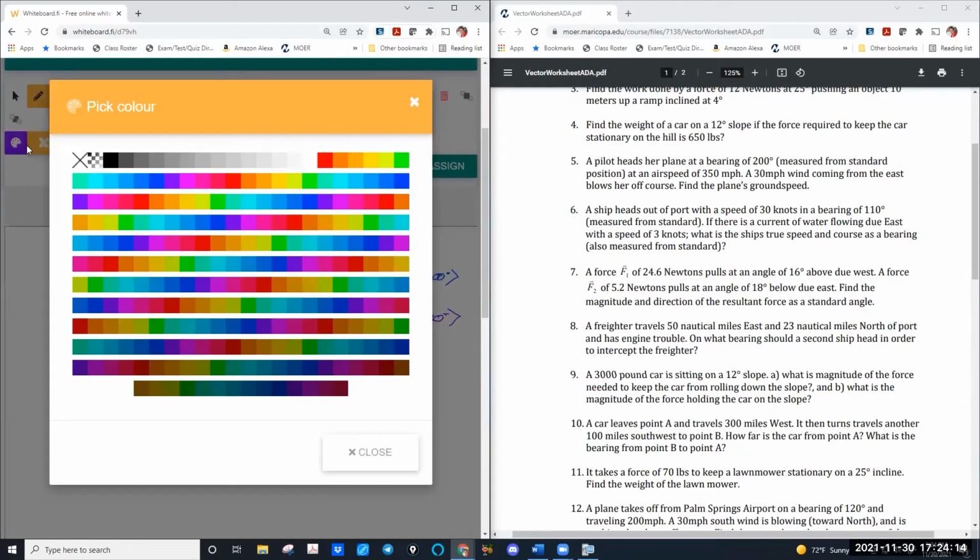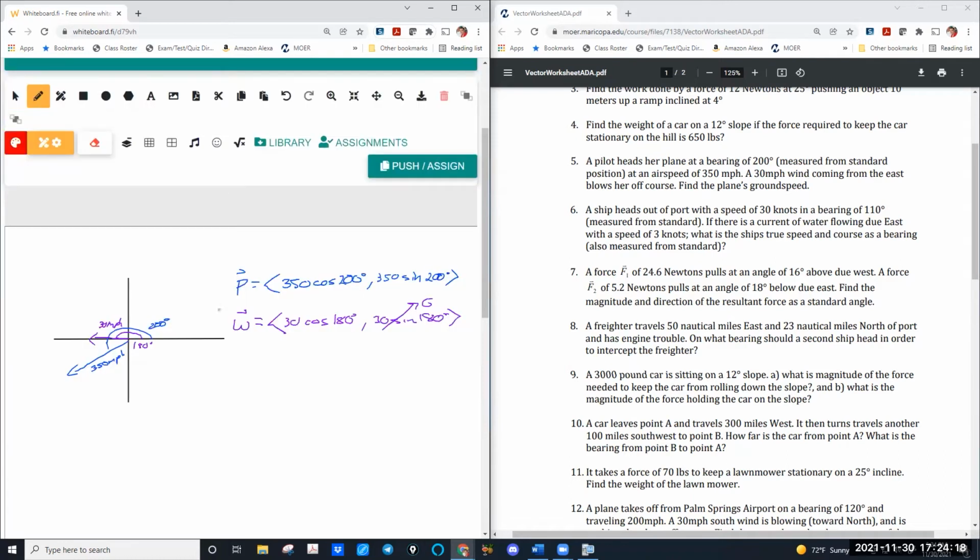Ground speed is just the sum of these two. So to find the ground speed, we add these together. And so what we get, I'm just going to change this to a -30 in the next one because we know the cosine of 180 is -1.